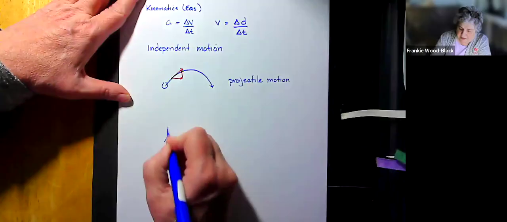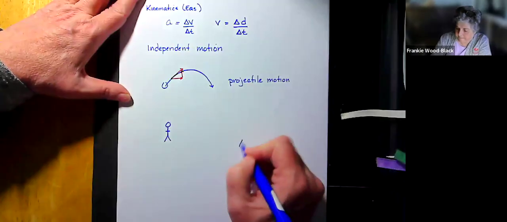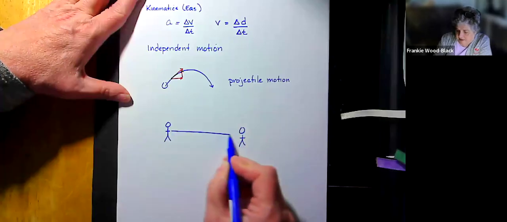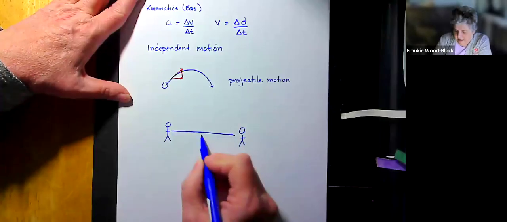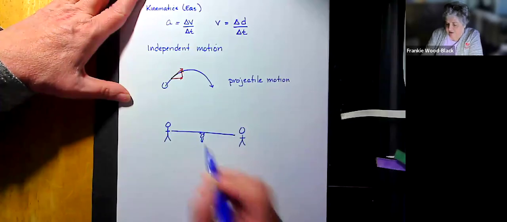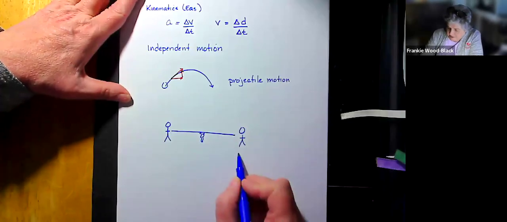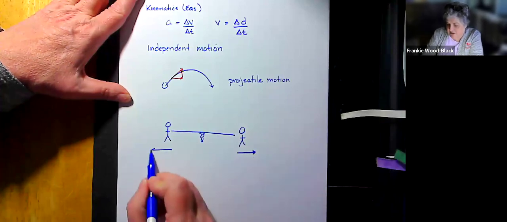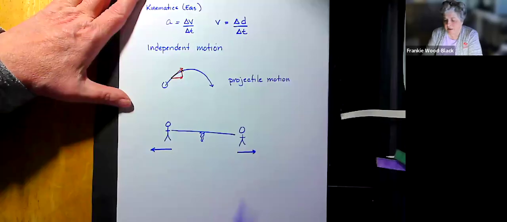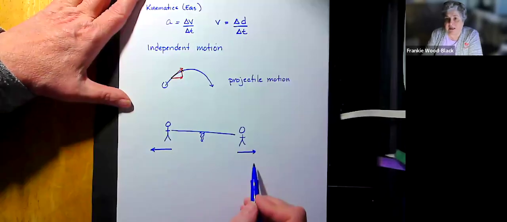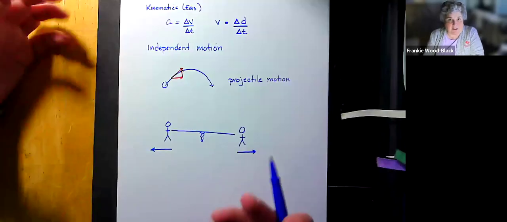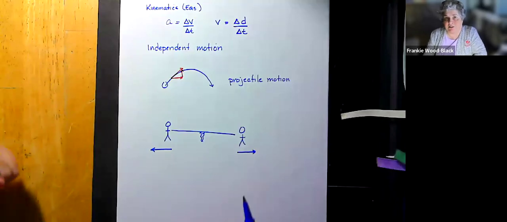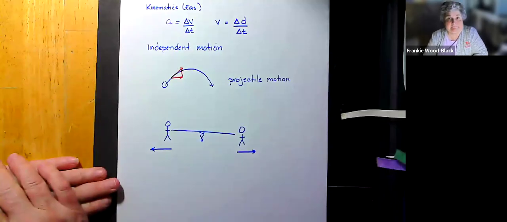So if I have two people here, and my artistic things are really entertaining, and I have my flag and we've got a tug of war, if this person is pulling in this direction and if this person is pulling in that direction, if they're pulling at the same magnitude, okay, they're both pulling at the same magnitude, nothing's going to happen.